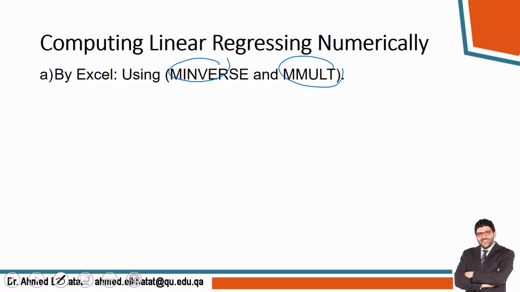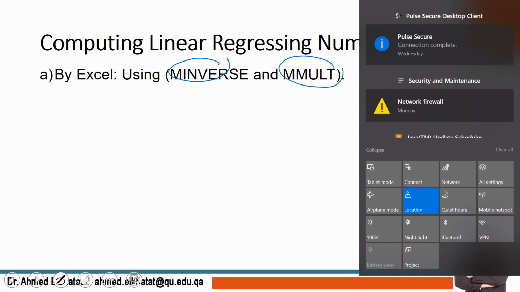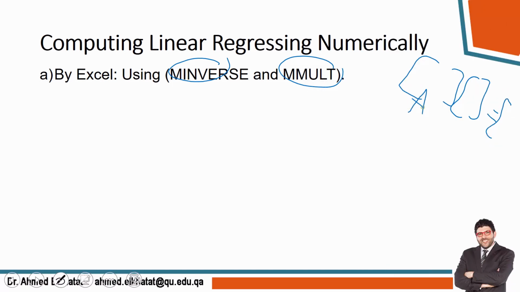M refers to matrix, so this is a special function in Excel to do calculation on matrices. Again, we have 3 matrices here: A, X, and B, and we want to find X. First we utilize MINVERSE on A to invert the matrix to A power -1.